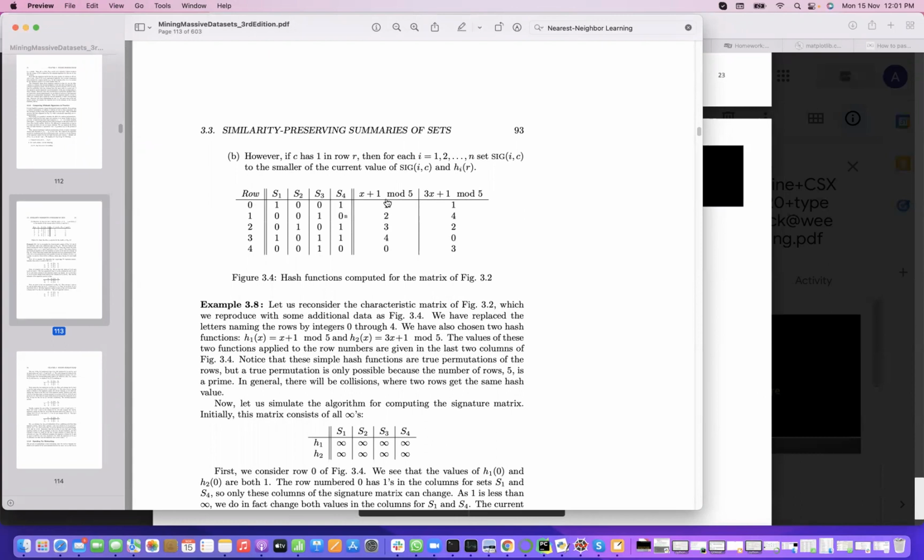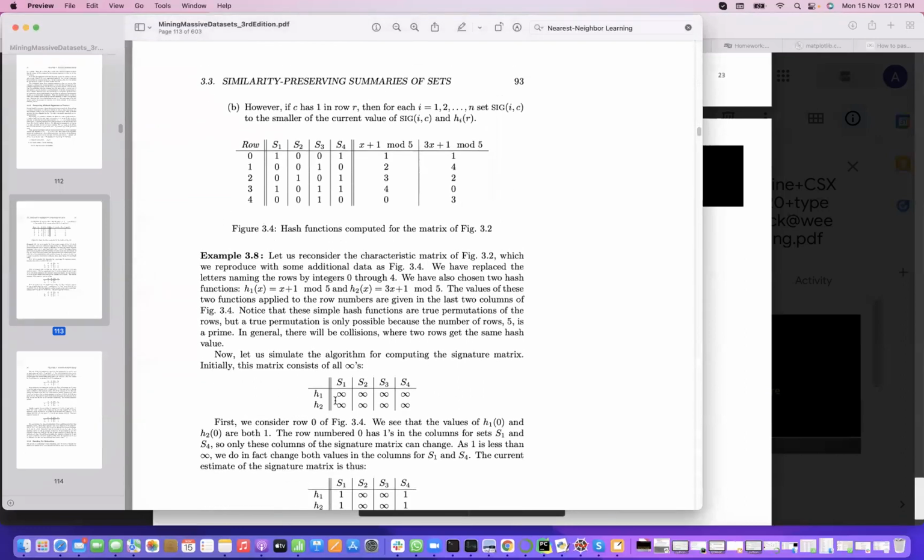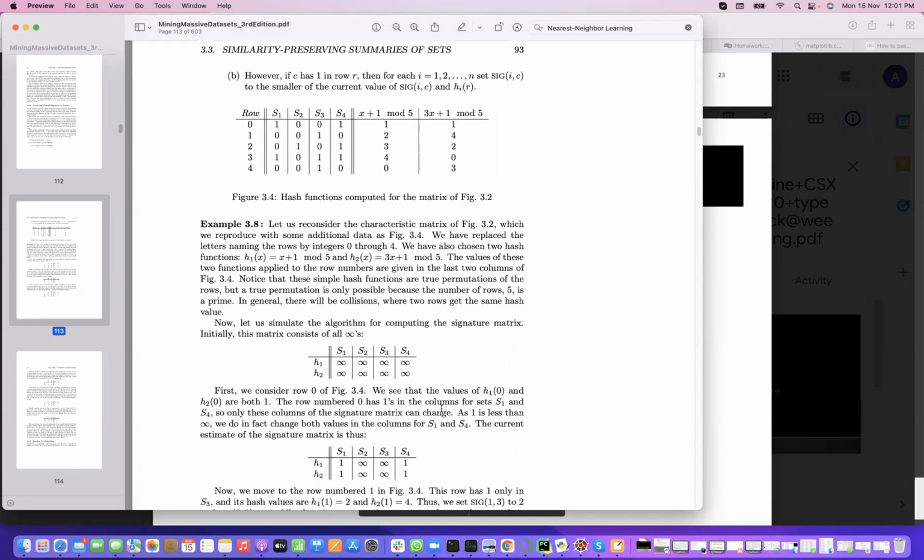In these hash functions, 0 is mapped to 1, 1 to 2, and so on: 1, 2, 3, 4, 0 is the reordering. For the other, 1, 4, 2, 0, 3 is the reordering. Initially, what signature values do you have for these 2 hash maps? Infinity. Everything is infinity. We'll start with that.